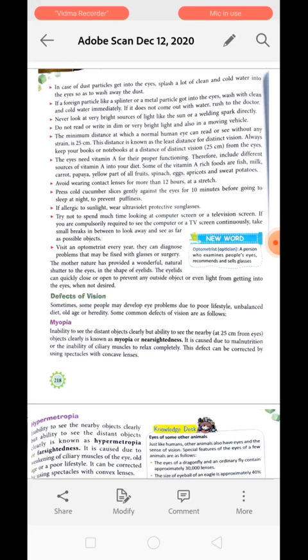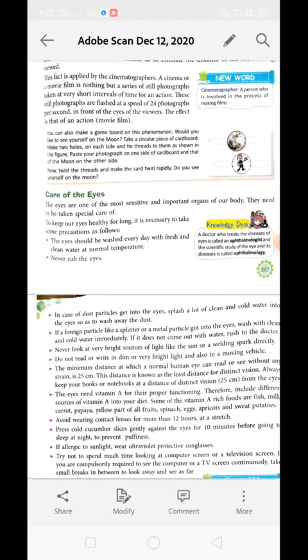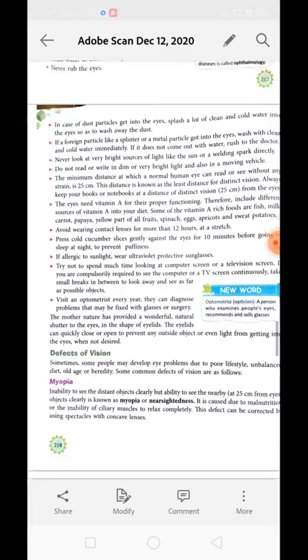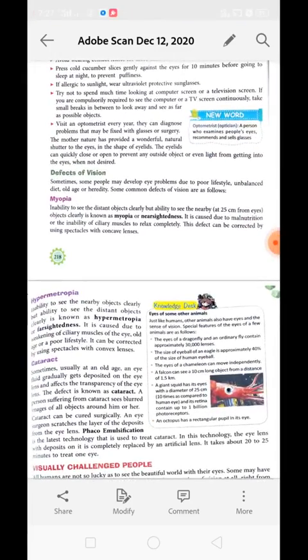So what is an optometrist? It means an optician, a person who examines people's eyes to recommend and sell glasses. Now a doctor who treats diseases related to eyes is called an ophthalmologist, and the scientific study of the eye and its diseases is called ophthalmology. Okay, now let's see defects of vision.